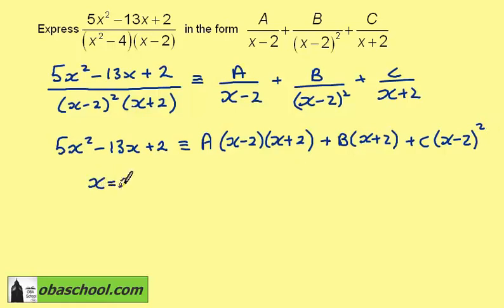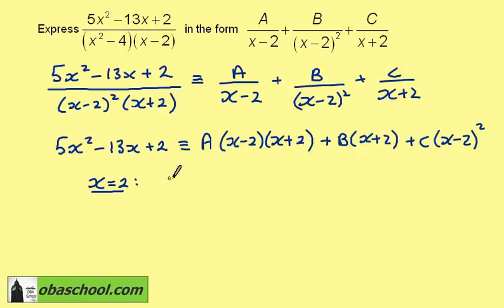If we now take x equal to 2, this will make this disappear. 2 minus 2 is 0, so the whole of this will go, and this will also disappear because 2 minus 2 is 0. So we just get left with the term involving b.